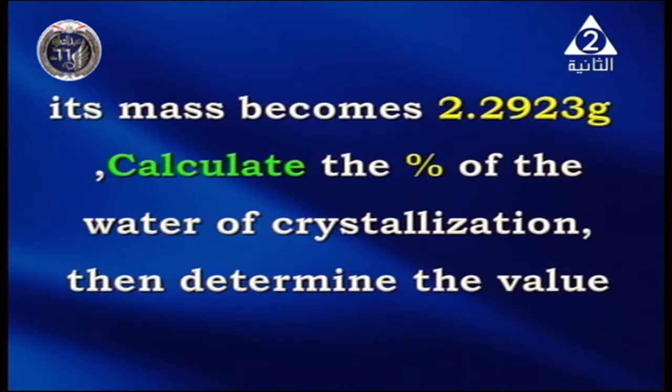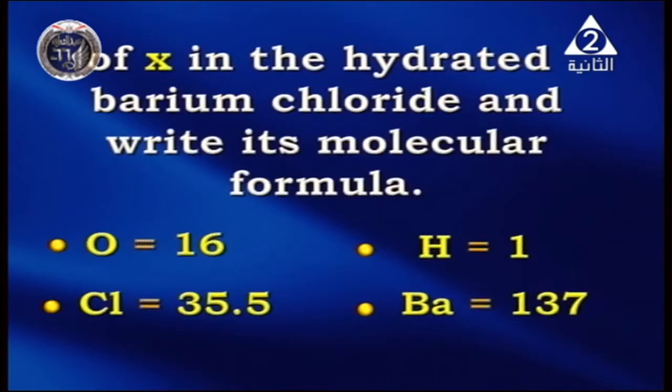Calculate the percentage of the crystallized water, then determine the value of X in the hydrated barium chloride and write its molecular formula, where the atomic mass of oxygen equals 16, hydrogen equals 1, chlorine equals 35.5, and barium equals 137.